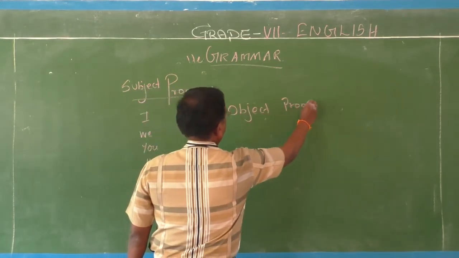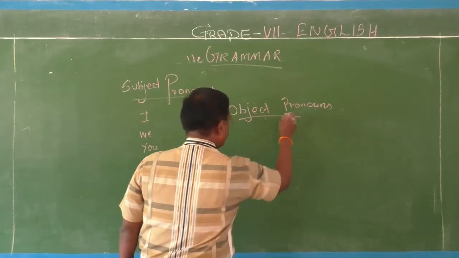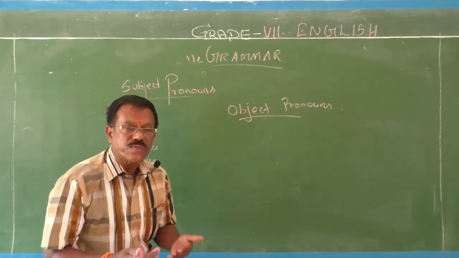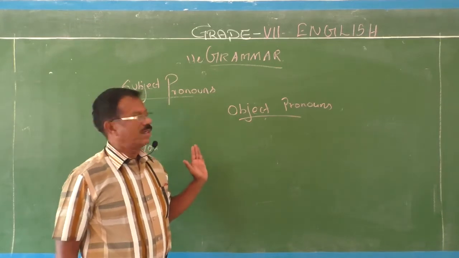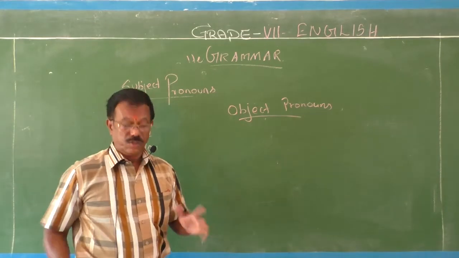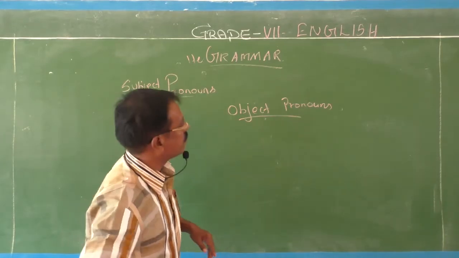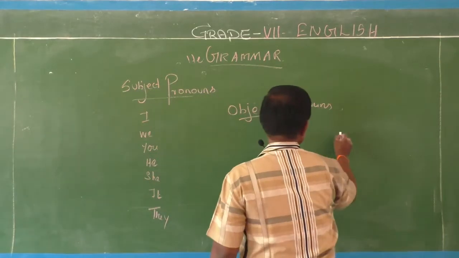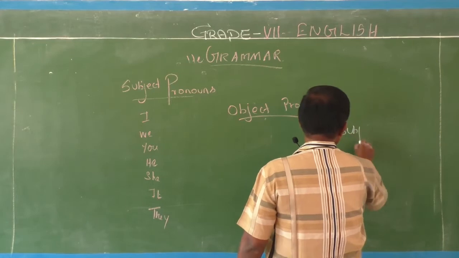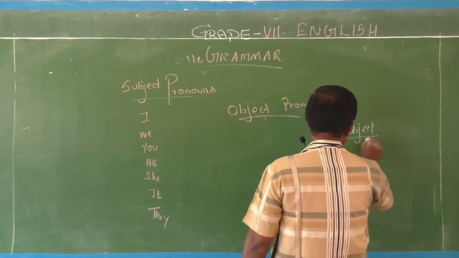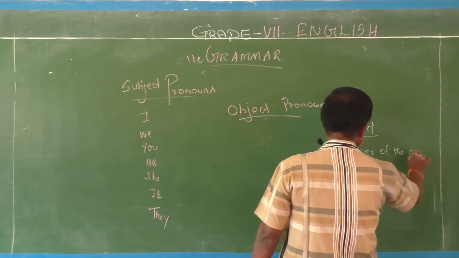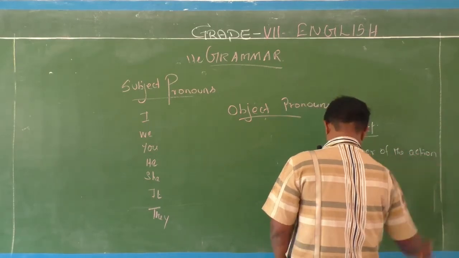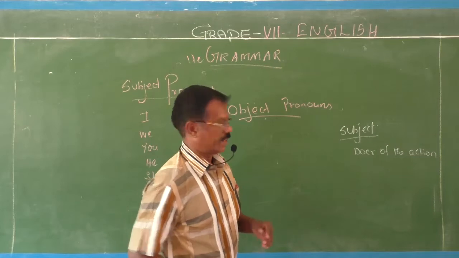Object pronouns. If the pronouns stand for the receiver of the action, subject is the doer of the action, object is the receiver of the action. You should know the difference. That is very important, children. Here I will write, just to make a note of it. Who is subject? Subject is the doer of the action. Okay.